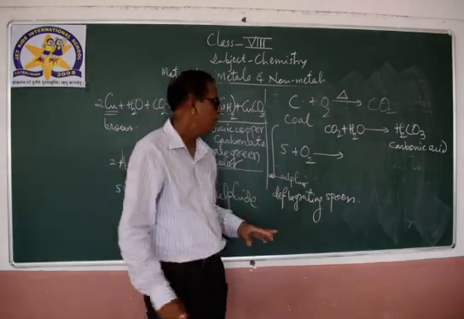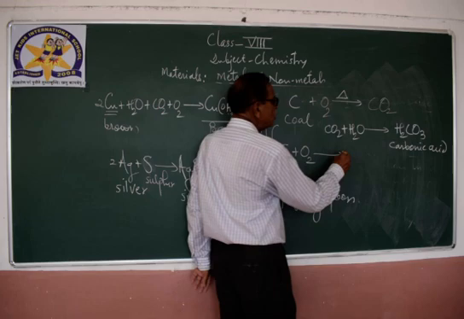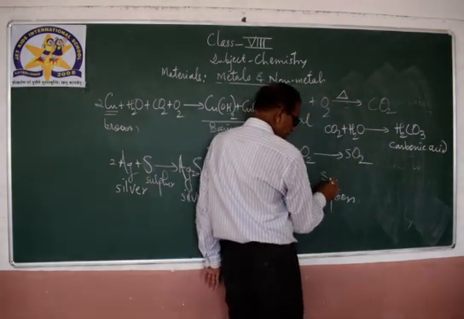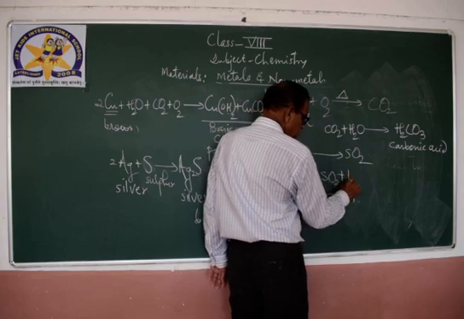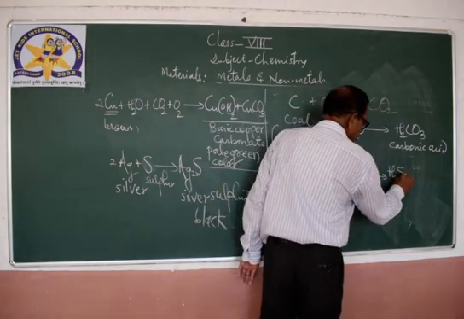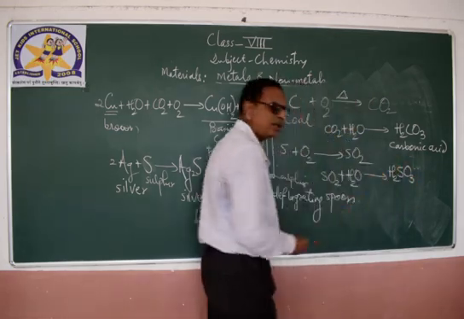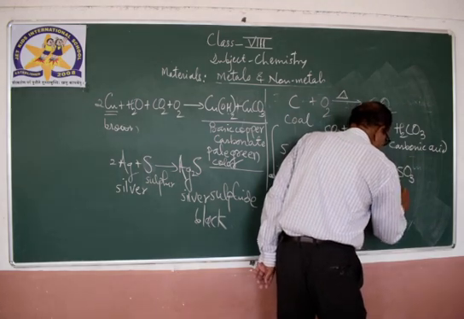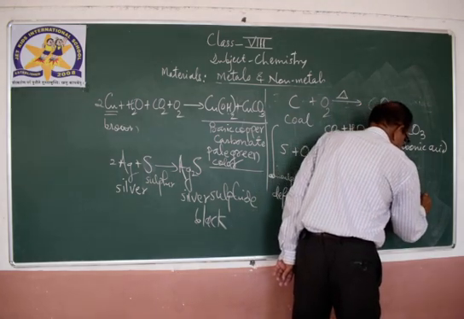Now see, S plus O2 giving SO2, sulfur dioxide, and SO2 plus H2O giving H2SO3. Now H2SO3 is sulfurous acid.